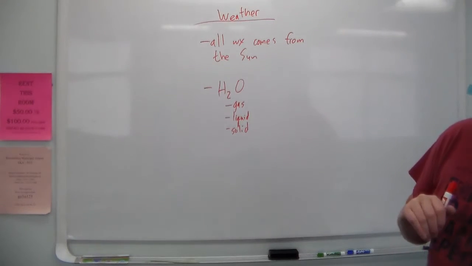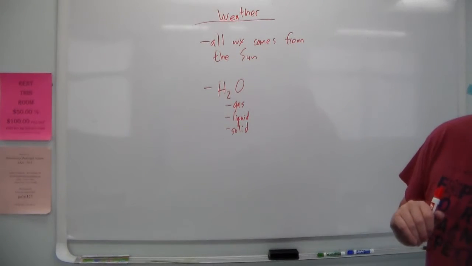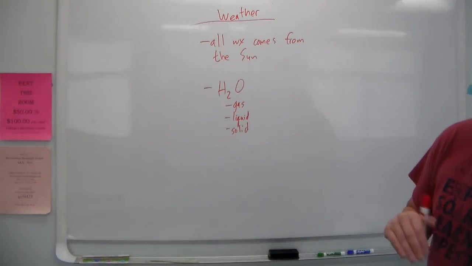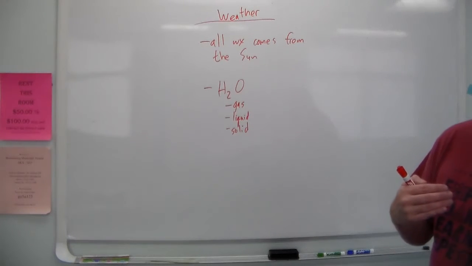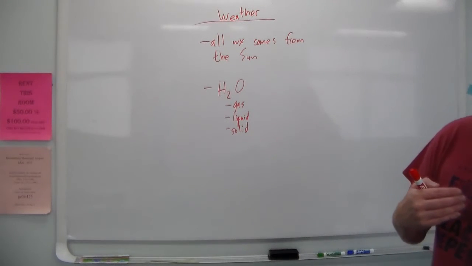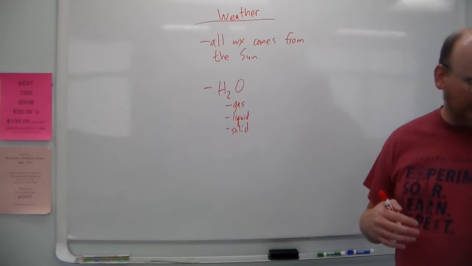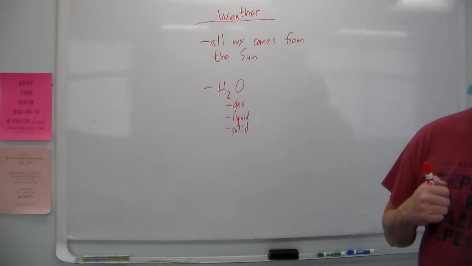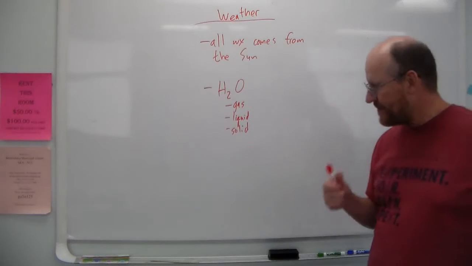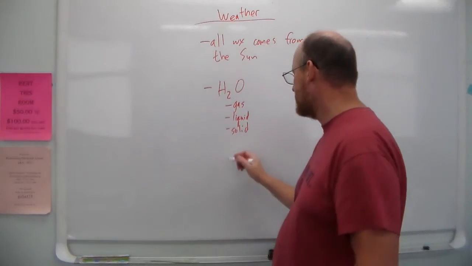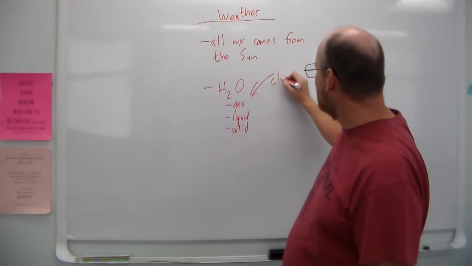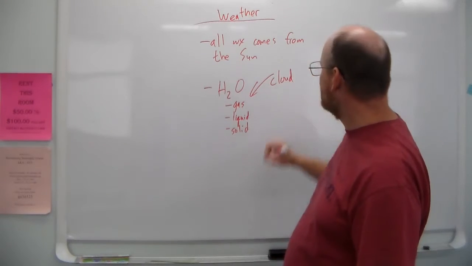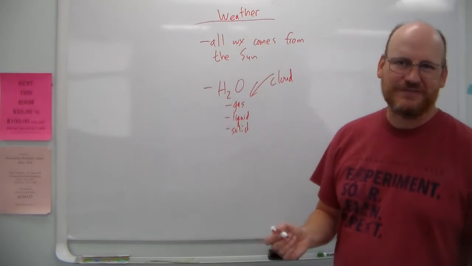Well, we get this visible moisture whenever there is so much water in the air that the air has become saturated. So a cloud is just visible moisture, visible water.